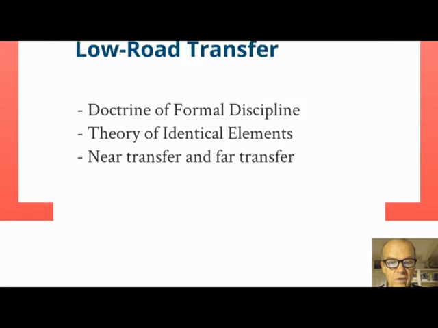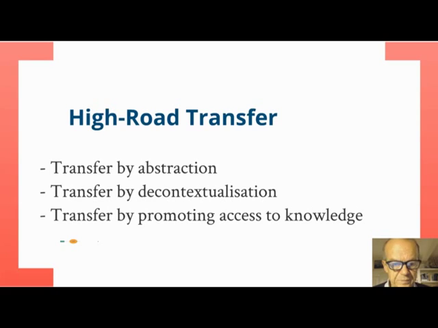Okay, now we are going to move to the high road transfer issue. What we see here are three different routes in order to climb this vertex of the learning triangle, and develop, let's say, abstract knowledge, which helps you to apply your skill or strategy in a new, concrete environment. Now, abstraction, of course, is the first step. So building these schemata is basically the way in order to arrive at high road transfer, as I already explained.